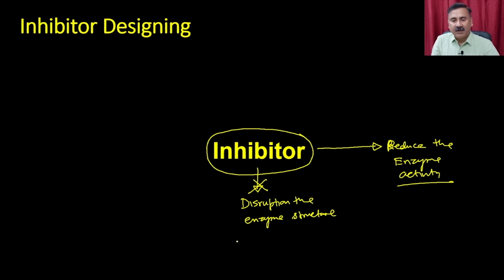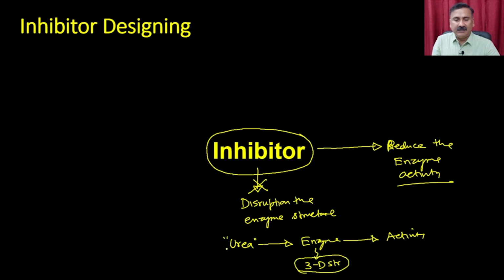For example, if you take urea and add it to an enzyme, irrespective of whether the urea is an inhibitor for the enzyme or not, it is going to destroy the enzyme activity because the enzyme is no longer able to maintain its 3D structure.